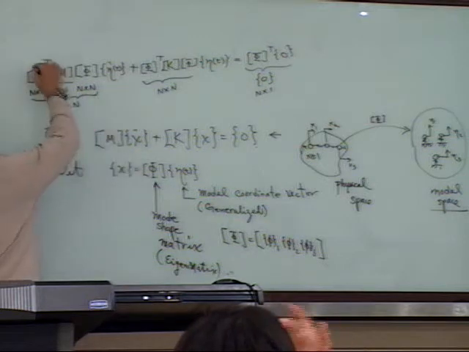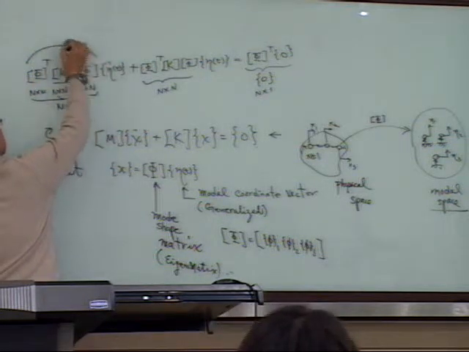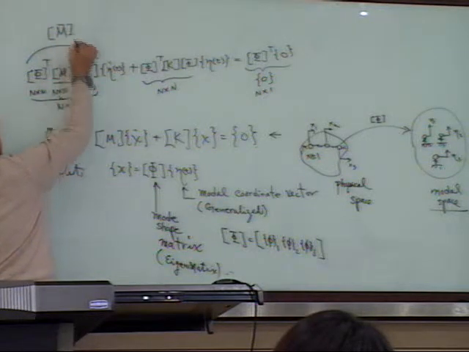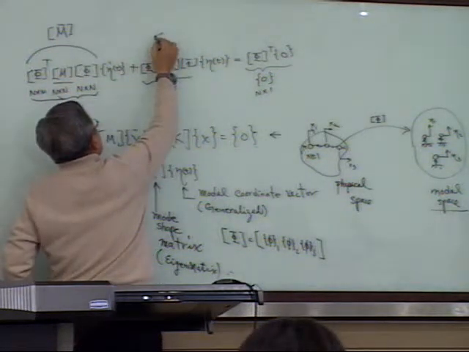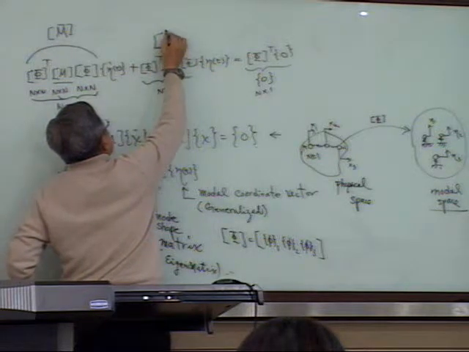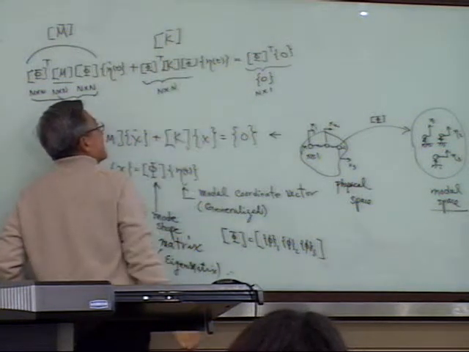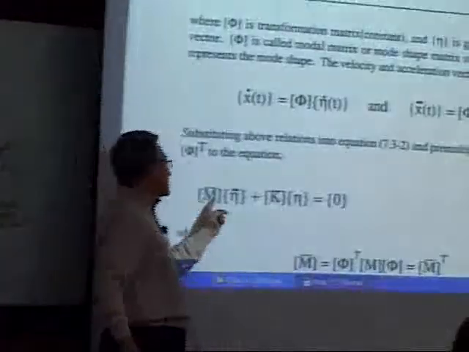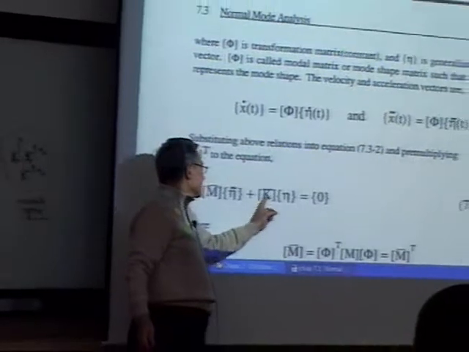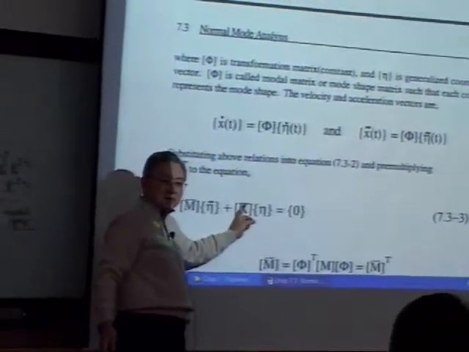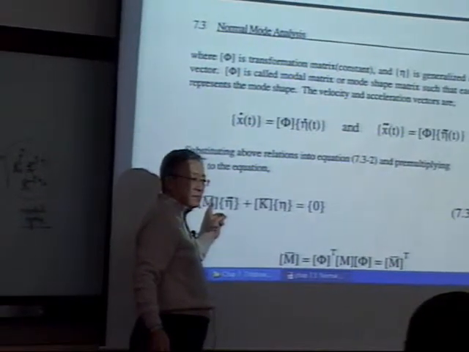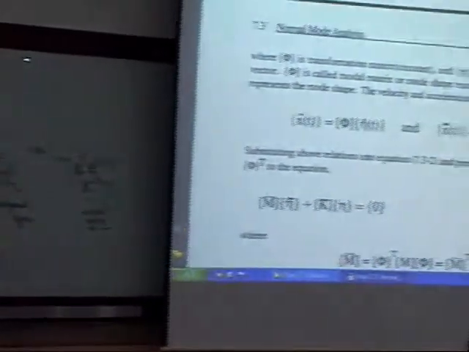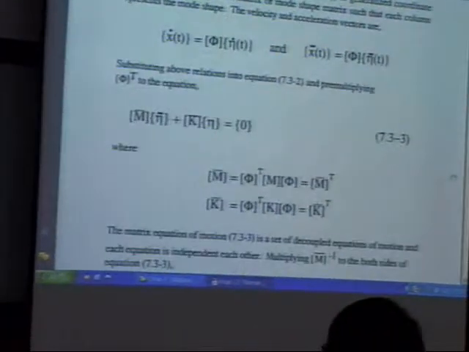And this, I'm going to call m tilde, m bar. I'm going to call this k bar. The right hand side is equal to 0. This is k bar, and this is m bar. So shown down there is what that exact notation is.